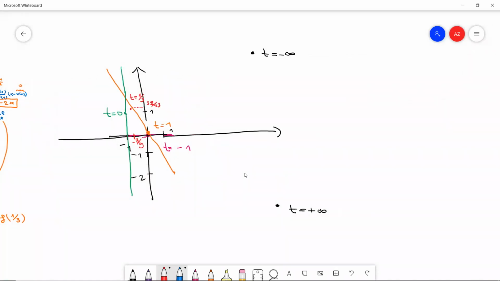Okay, maybe it would be good to draw another picture here, only with the points, without all those tangent lines. So we have the points t is -1 and t is 1, and then we have t is 0, and then t is 1/3, and then we have 2 asymptotic points. This is plus infinity, and this is minus infinity.